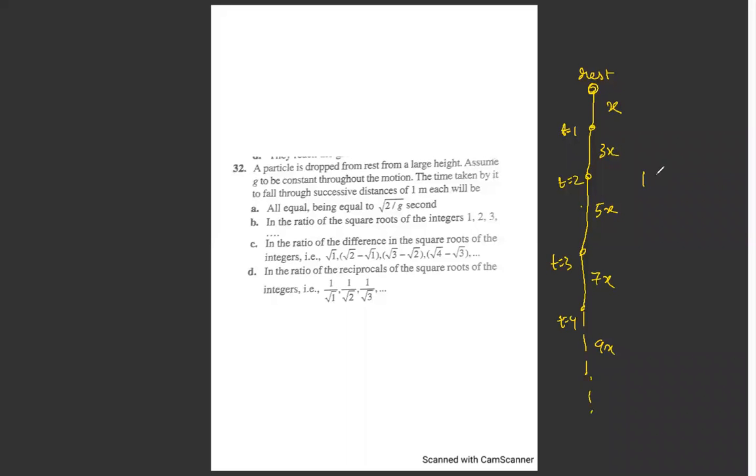So the ratios in every consecutive second are 1 is to 3 is to 5 is to 7, and so on, right? Many questions can be directly calculated from this also.